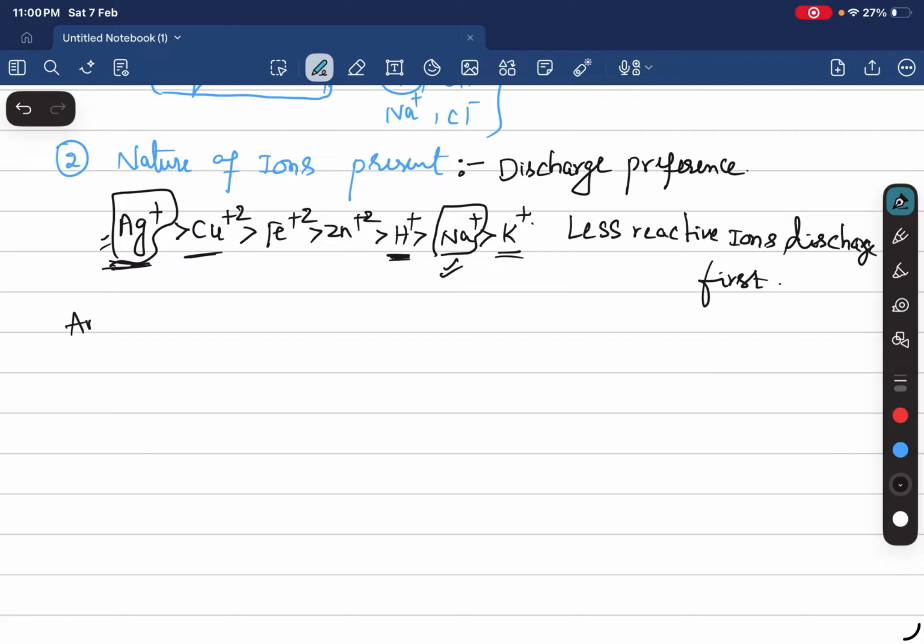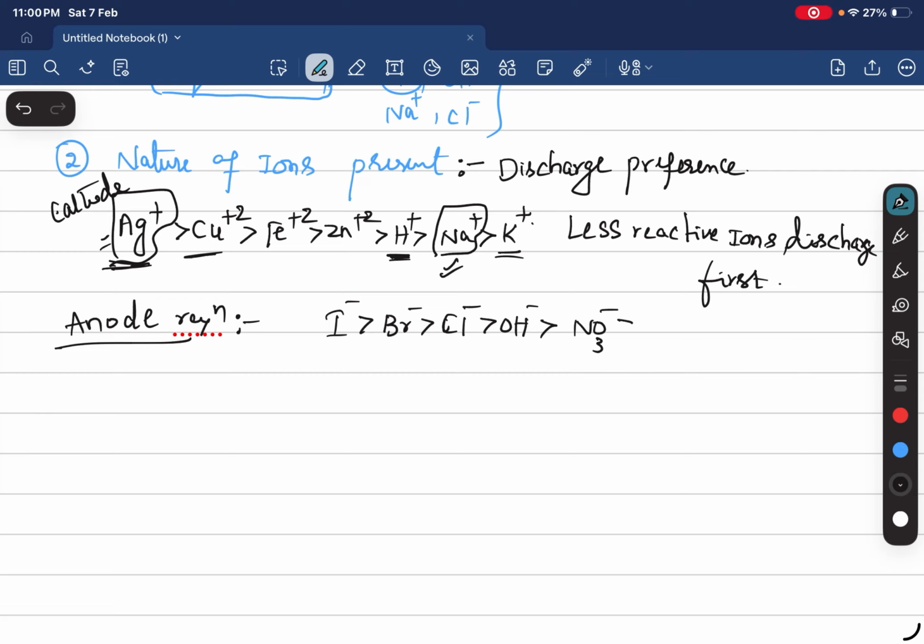Coming to the anode reaction: this is what deposits over the cathode, right? At the anode, the deposition order for negative ions is: I- deposits most easily, then Br-, then Cl-, OH-, NO3-, and SO4 2-. This is the order of deposition. Suppose you take Cl- and OH-, meaning aqueous NaCl.